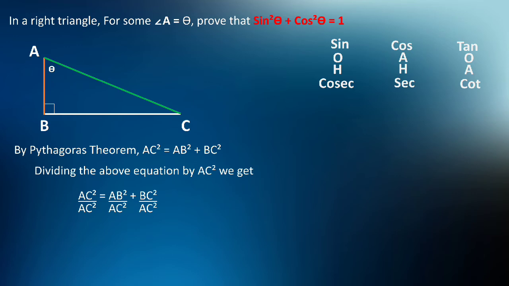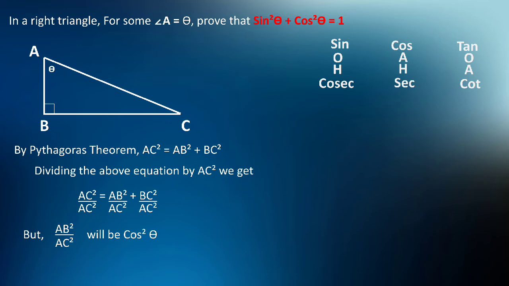So since there is AB square upon AC square, I can write it as cos²θ. That is how we got it, right? If it was just AB upon AC, I would write it as cos theta. Since there is a square, I'll have to put cos square theta.